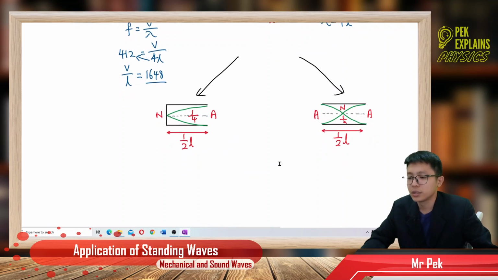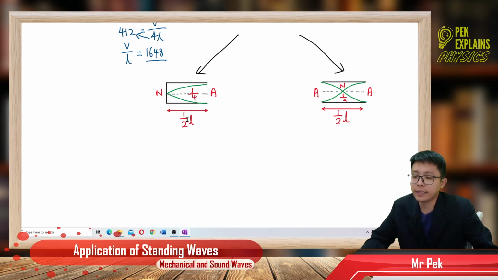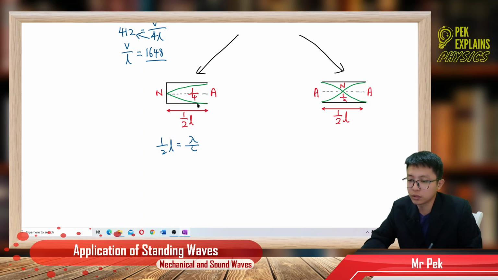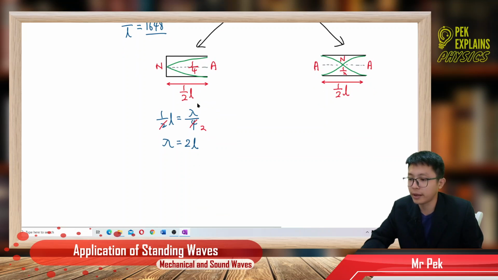Very easy. The new length is half length. This half length is equal to 1/4 lambda. Let's find the lambda: simplifying, we get lambda equal to 2L.